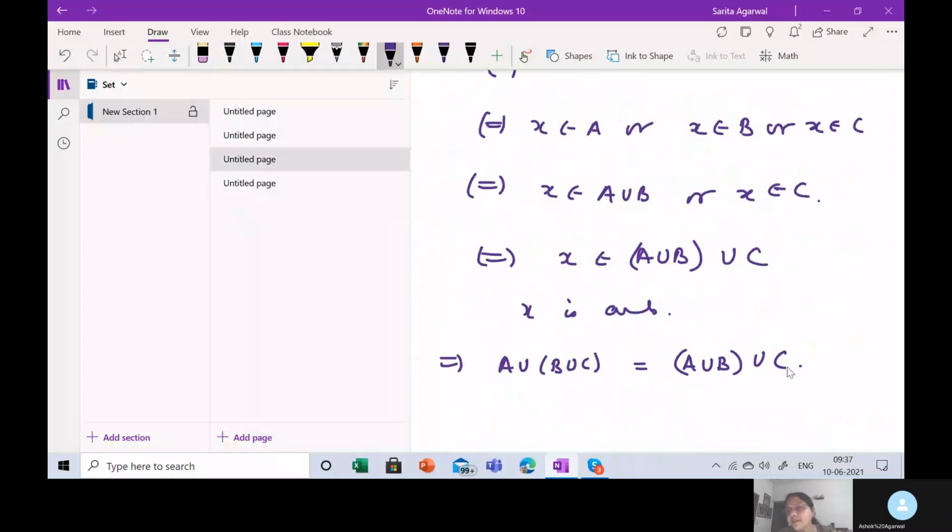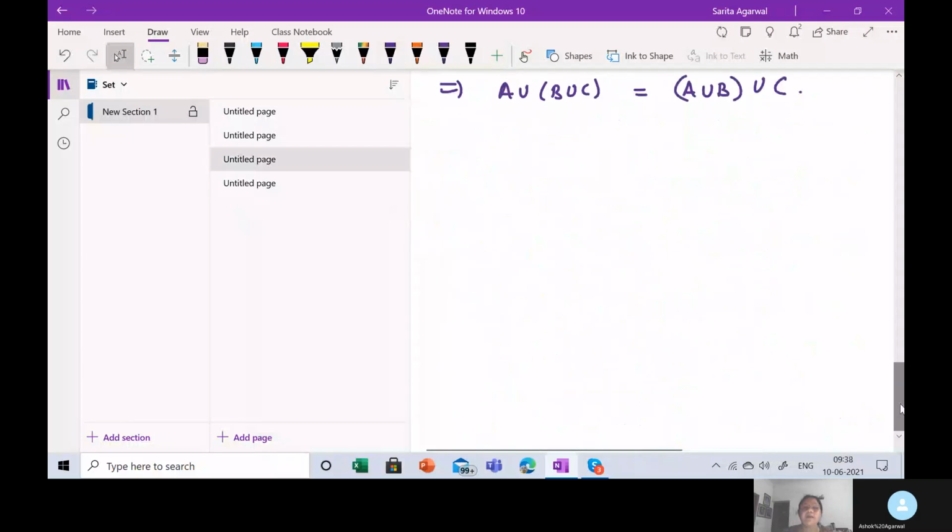Similarly, the intersection satisfies the associative law. So we are coming to that. A intersection B intersection C equals A intersection B intersection C. Right?